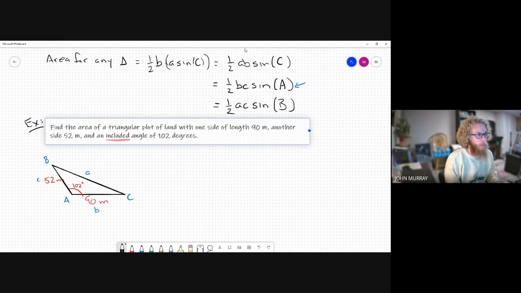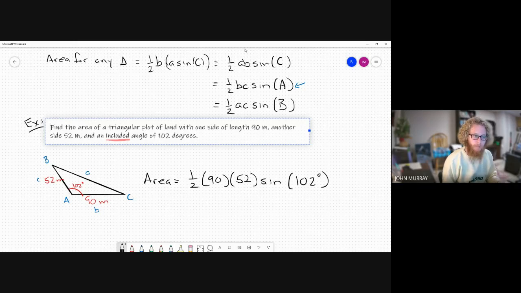So again, the picture here is what we're looking for. Two sides and the angle in between. So the area is going to be 1/2 of the two sides multiplied together times the sine of the angle that goes in between them. All right, and all that's multiplication, so you can just plug it into your calculator. 1/2, you can do 0.5, so 0.5 times 90 times 52 times the sine of 102.